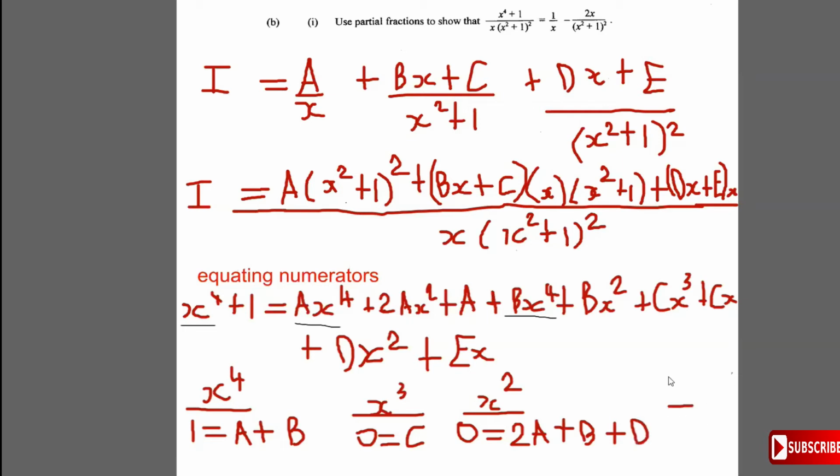Then equating x terms, we have cx plus ex, and there's no x term, so 0 is equal to c plus e.